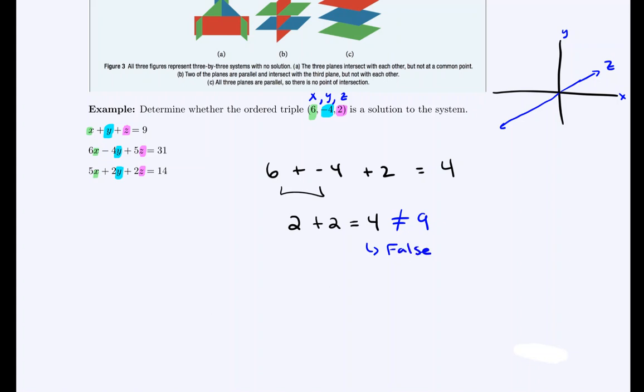If it fails for any of the equations, then it fails to be a solution of the entire system. So there's not even a need to check the remaining two. It's already failed enough. So we would say that the point 6, -4, 2 is not a solution to the system of equations.